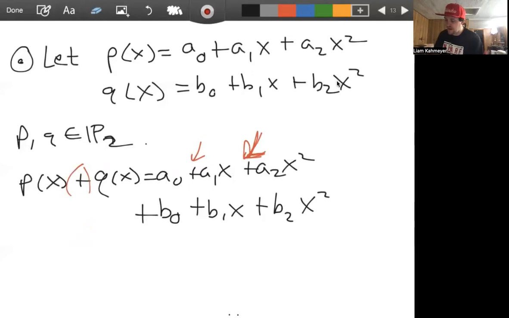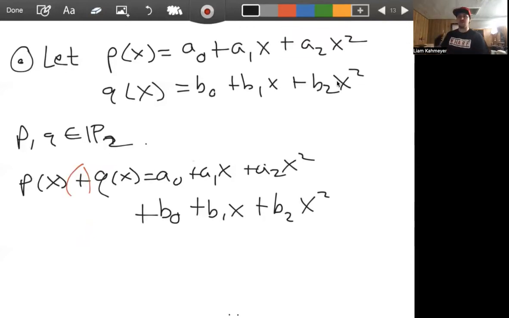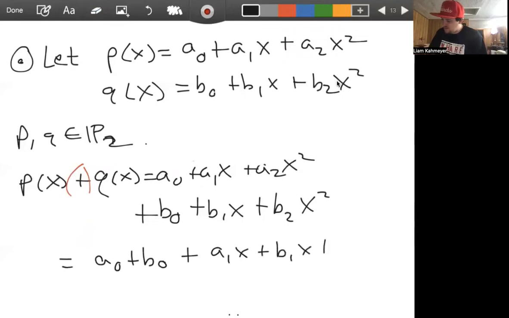And so because of that, we have all of our standard rules on the right-hand side here, commutativity, associativity, and so on, once it's expressed explicitly in terms of real numbers. So what that means is we can write this as a0 plus b0 plus a1x plus b1x plus a2x squared plus b2x squared.